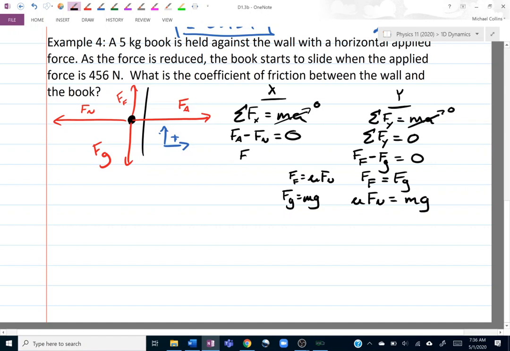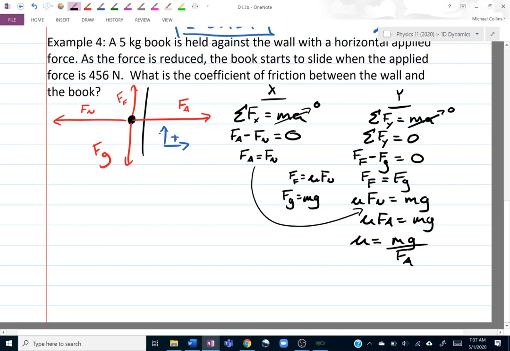So I find that in this case, Fa is equal to Fn. So I can go ahead and substitute that back into my y expression, and I get mu Fa is equal to mg, and I can solve for mu because I'm trying to find my coefficient of friction, mg divided by Fa.